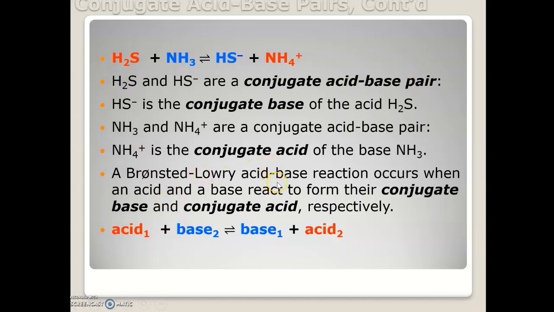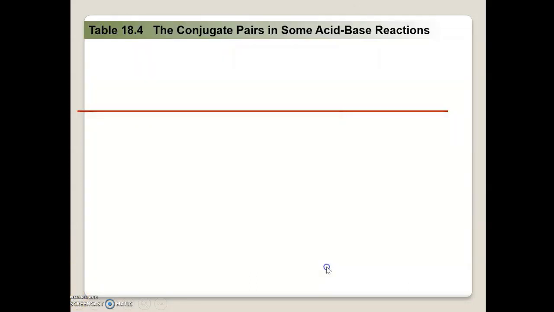So a Bronsted-Lowry acid-base reaction occurs when an acid and a base react to form their conjugate base and conjugate acid. Let's look at a basic reaction between acid and base. When an acid is reacted with a base, they produce a conjugate base and a conjugate acid.